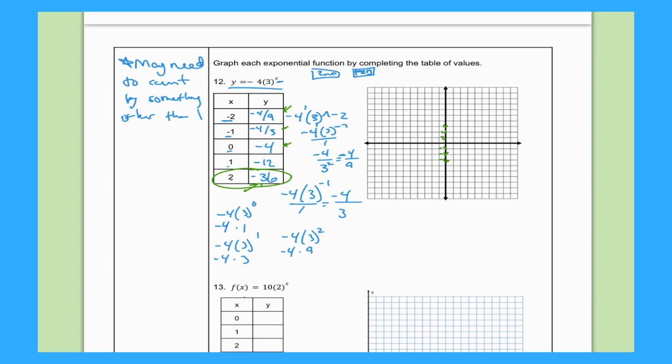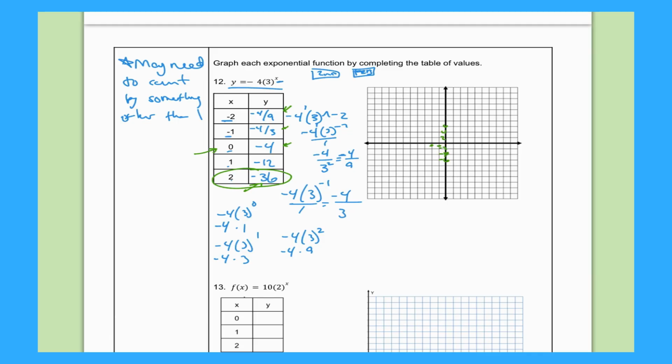When x is -2, my y value is -4/9, so that's just a little tiny bit down below. When x is -1, we get -4 thirds, which is really -1.3, so a little bit lower, but not by much. When x is 0, the y is -4.